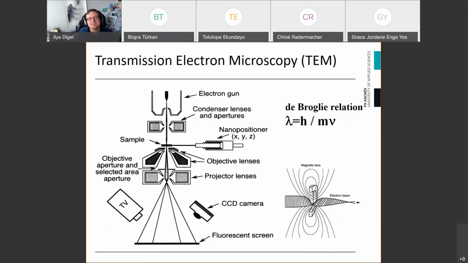But the truth is that exactly here the de Broglie relation appears, where it comes true. The emitted electron behaves as a wave. It has some intrinsic wave property. And at the moment it goes through your sample, it interacts with your sample as a wave. That means it goes somehow through all points of your sample.